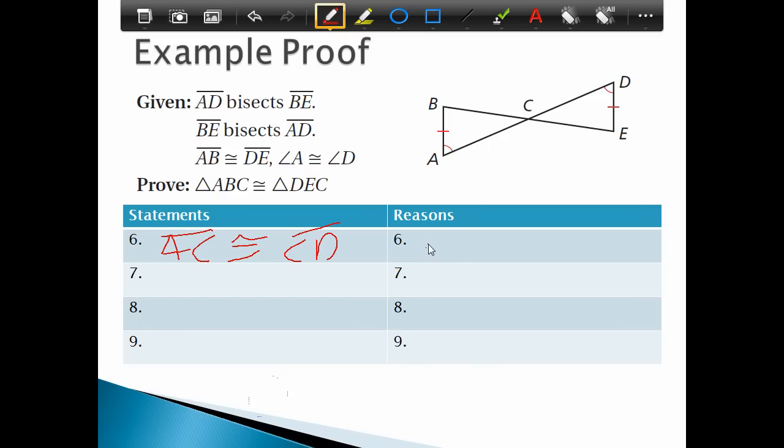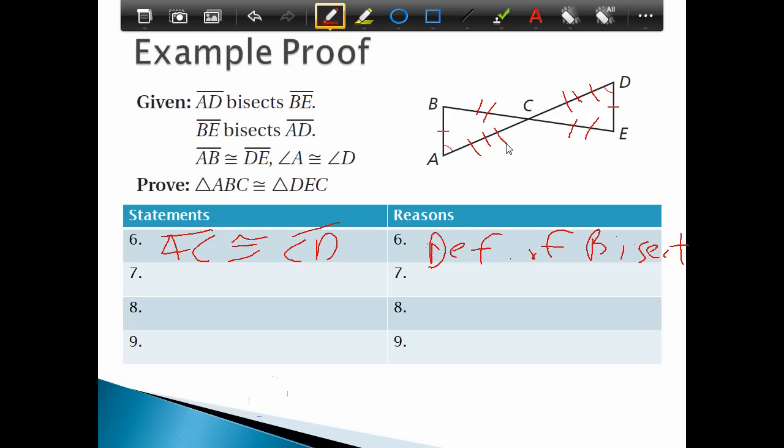So I'm going to say definition of bisect. Definition of bisect. Alright, so AC is congruent to CD, and that's a definition of a bisector. So let me go ahead and mark these again.